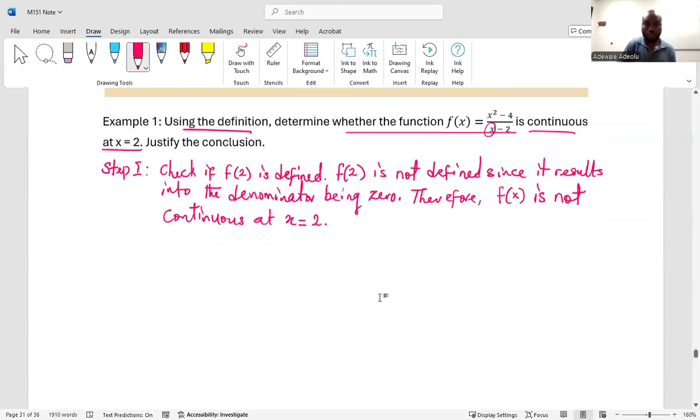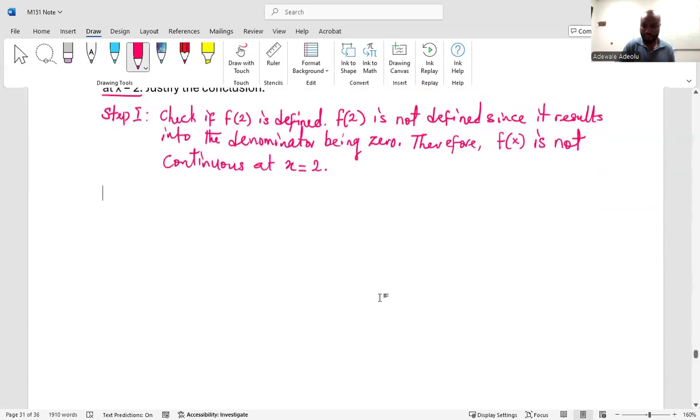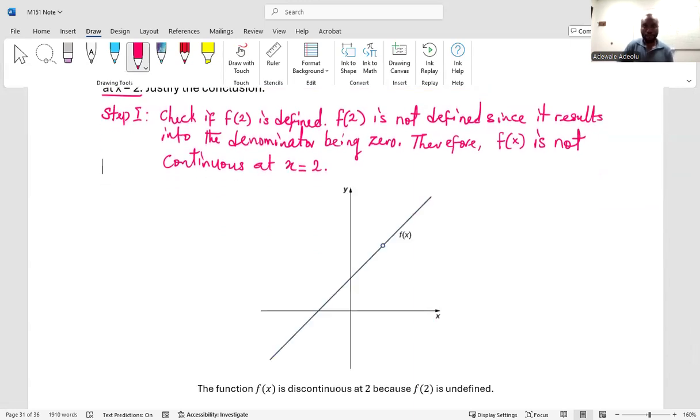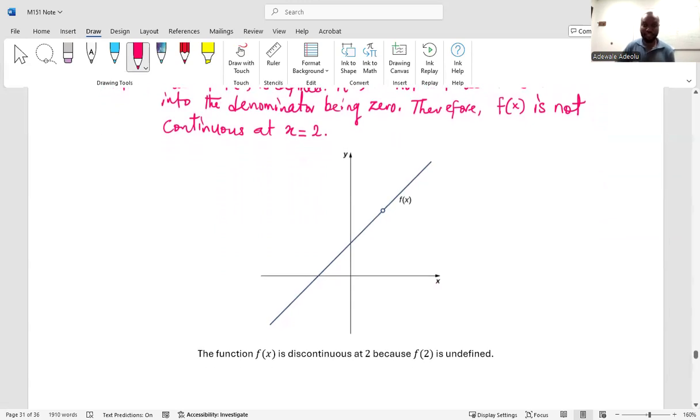Looking at the graph, let me show you the graph. We have seen this graph before in this class. So this is the graph of this function. And you can see at point x equals 2, there is a hole at that point.